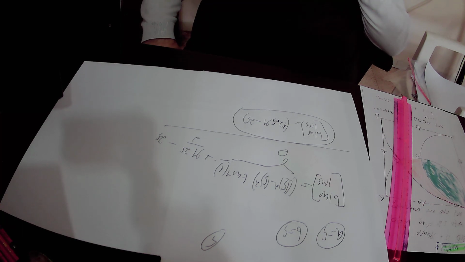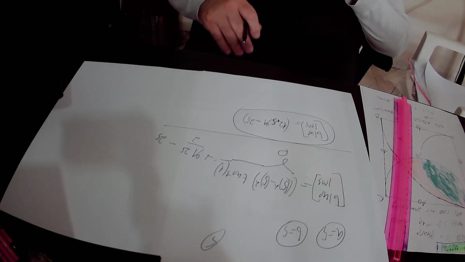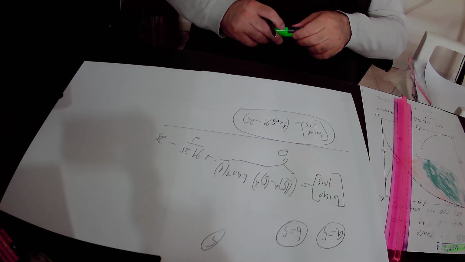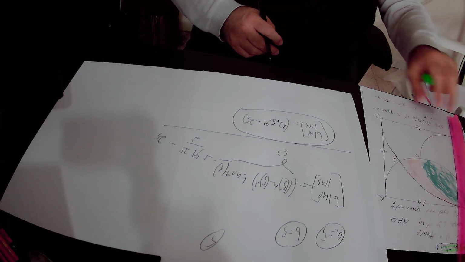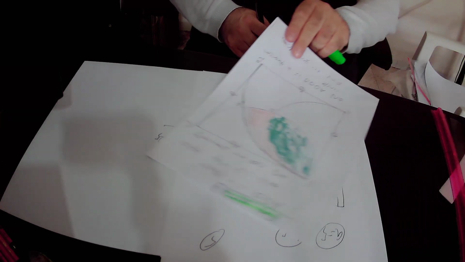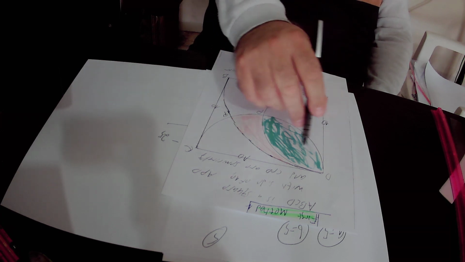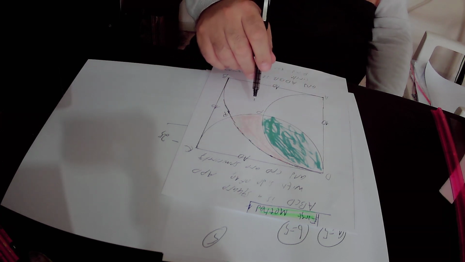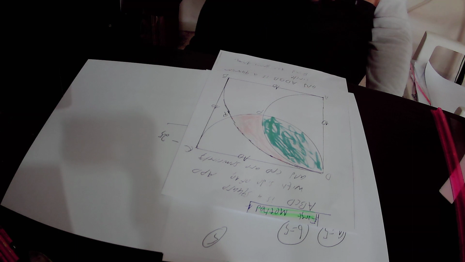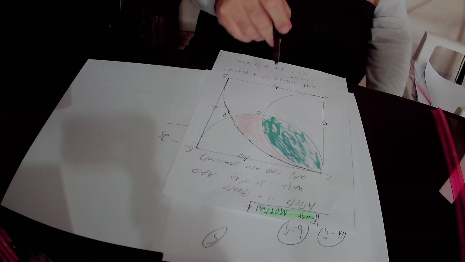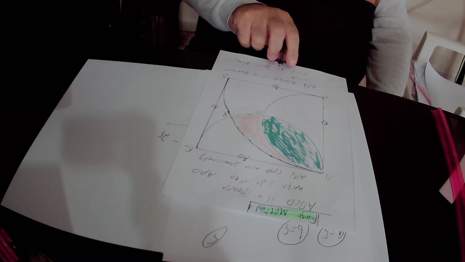Okay. So now from this big lens, we subtract the area of the blue lens, and we get the area of the orange shape.